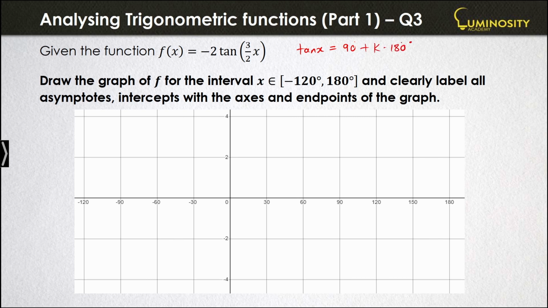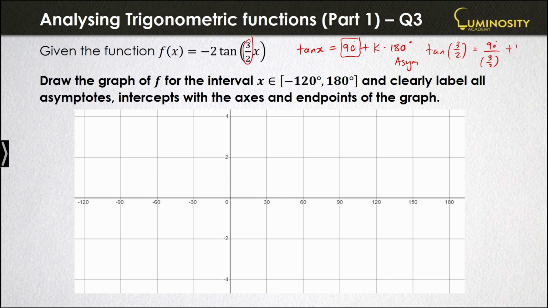Now remember, your asymptotes are x values, and because of this 3 over 2, that adjusts everything by a factor of 3 over 2. So to find your new asymptote values, you would take the asymptotes of the original tan x graph; the asymptotes of tan 3 over 2x would be equal to that 90 degrees divided by 3 over 2.